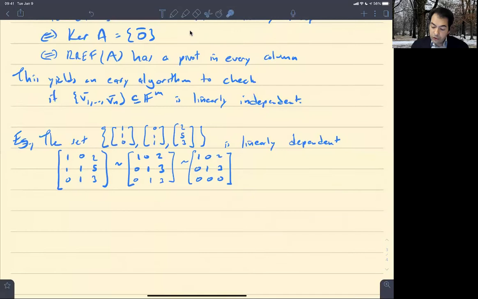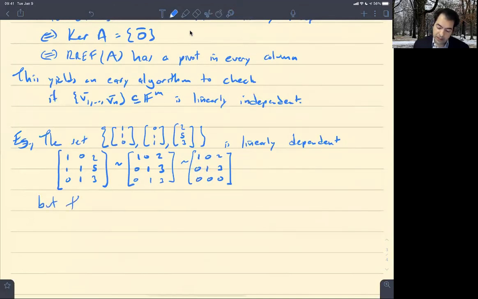Also, from here, notice that if I had truncated, if I had only put these 2 columns, then I would have found the reduced row echelon form by following the same steps. So I would have had this guy, and then I would have had this guy. And so I would have ended up with this reduced row echelon form in which every column would have a pivot.